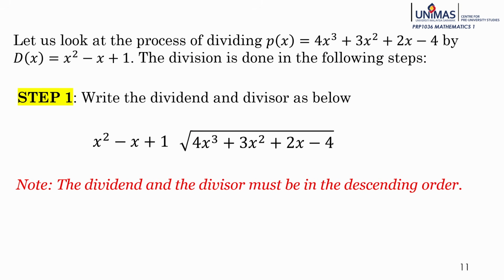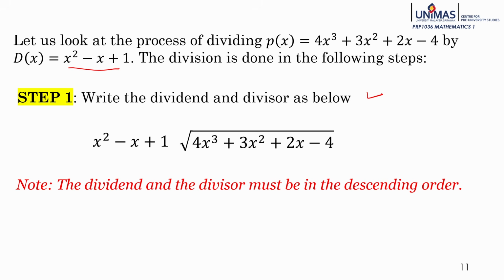Let us look at the process of dividing p(x) equals 4x cubed plus 3x squared plus 2x minus 4 by d(x) equals x squared minus x plus 1. The division is done in the following steps, one by one. Step 1: write the dividend and divisor as below.